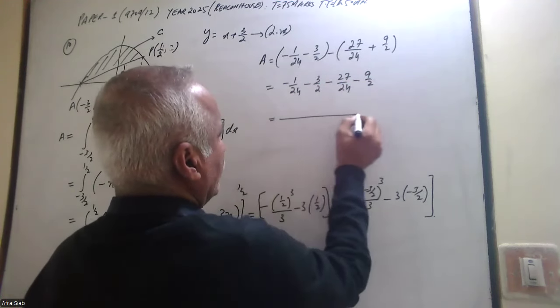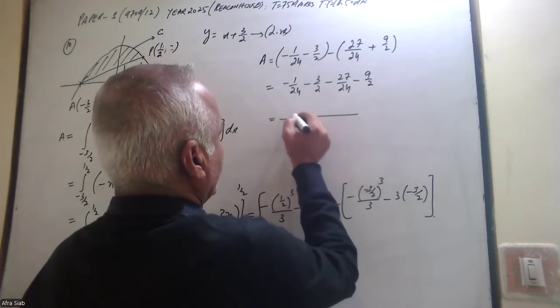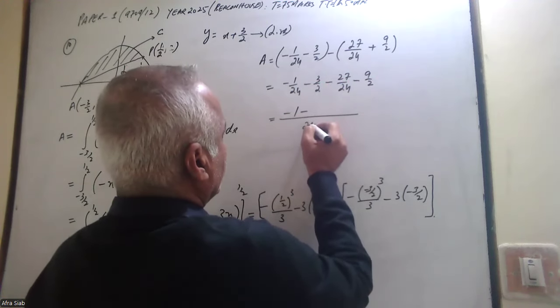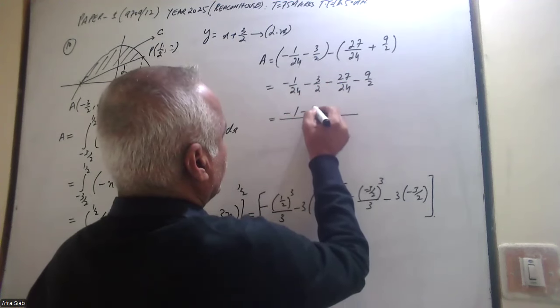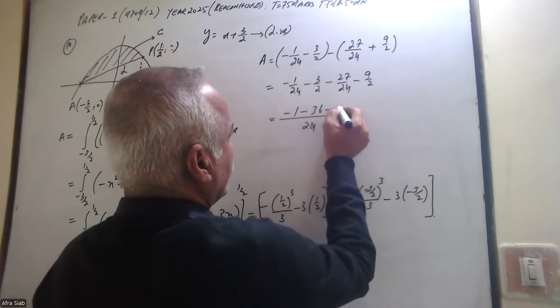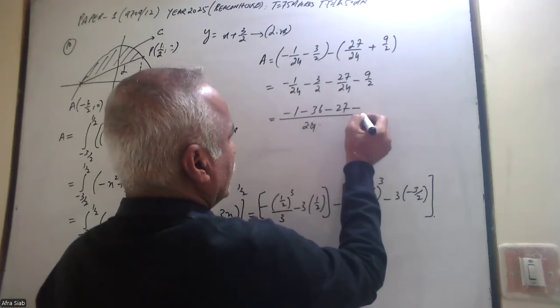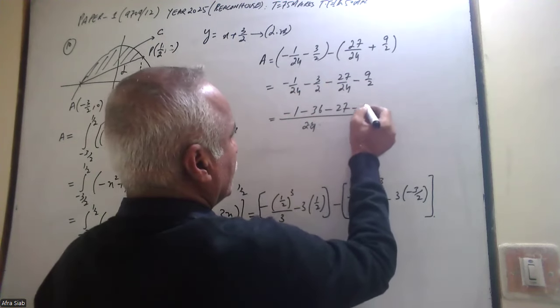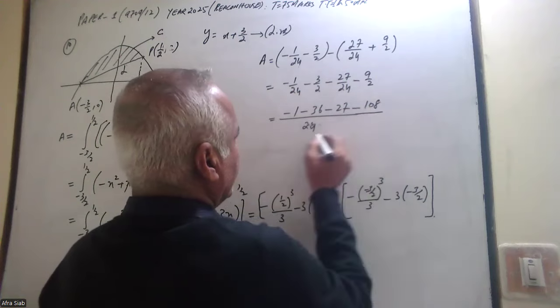If we take 24 as the LCM, it should be equal to minus 1 minus 36 minus 27 minus 108 over 24.